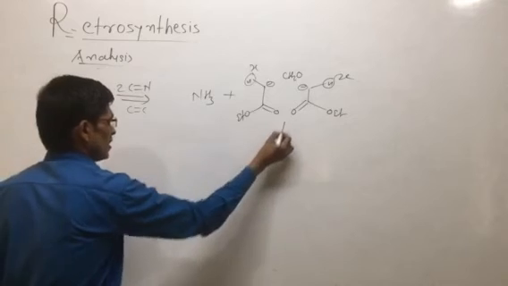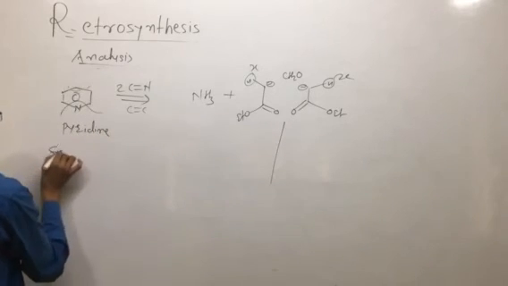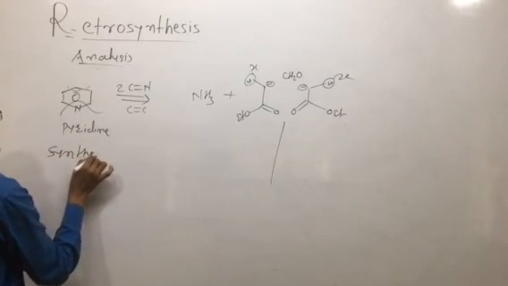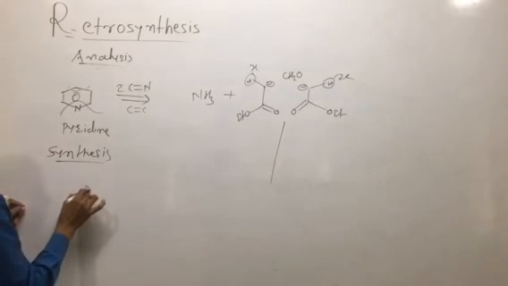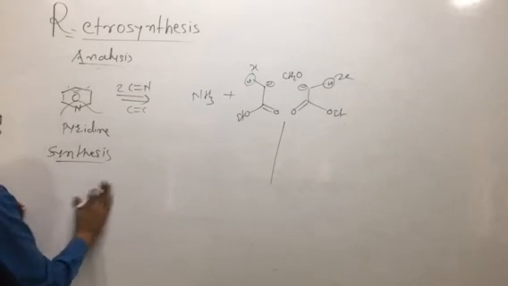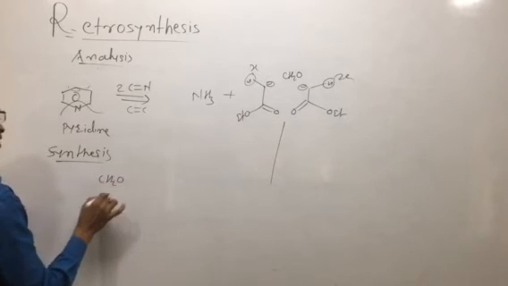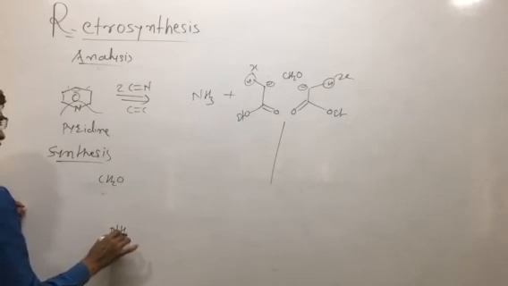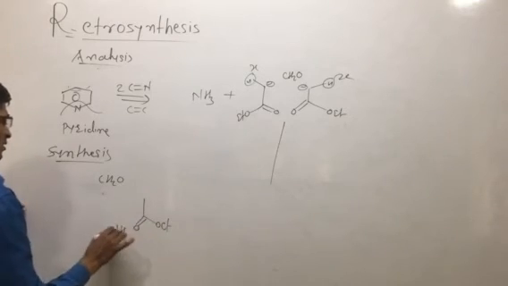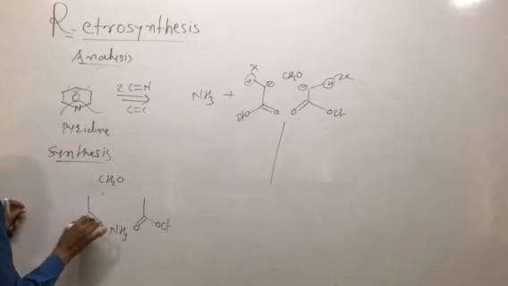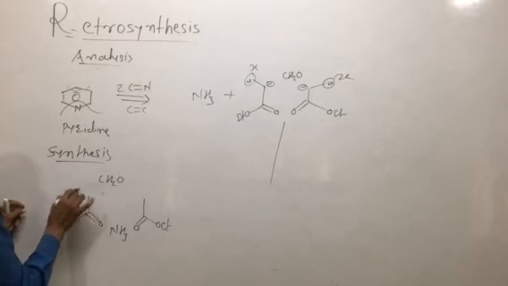So again, what is the plan of the synthesis? We have these types of reactant species. This ammonia. First of all, you can take this is the formaldehyde. Here is ammonia, and here we can take the ester group, COOEt.